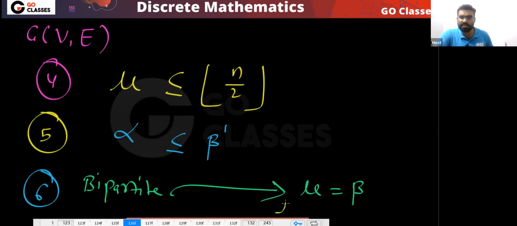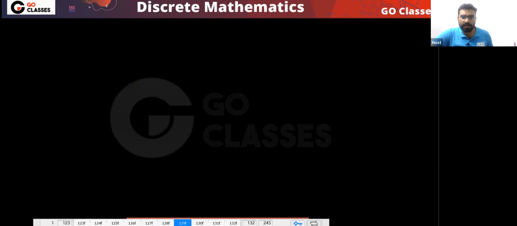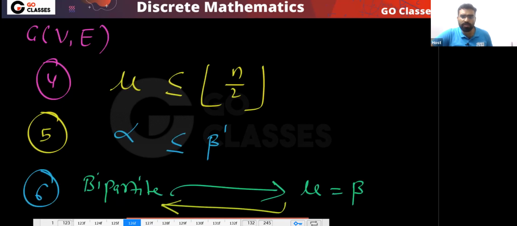It means the matching number is equal to beta if your graph is bipartite. So using this Koenig theorem, if your graph is bipartite, this will happen.